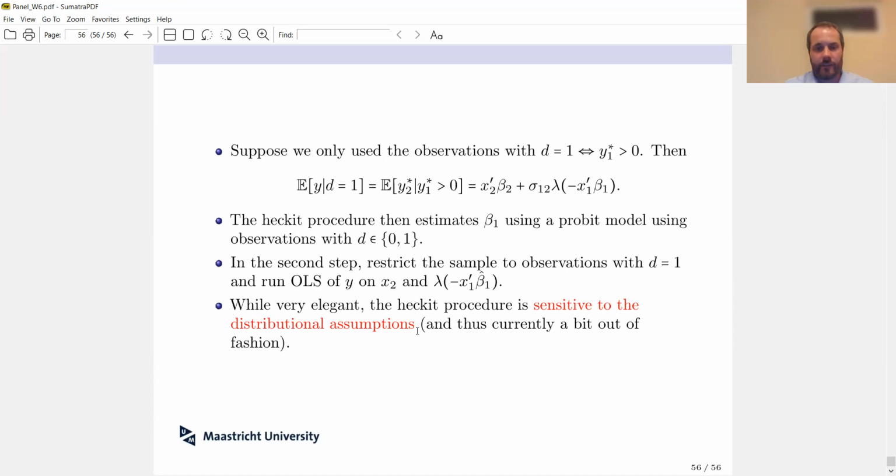Because of the sensitivity, the Heckman procedure is a little bit out of fashion. So nowadays, people like natural experiments more, but who knows what the future brings. Probably it's a unification of the structural and the natural experiment approach. Okay, so let's stay tuned, let's stay excited.